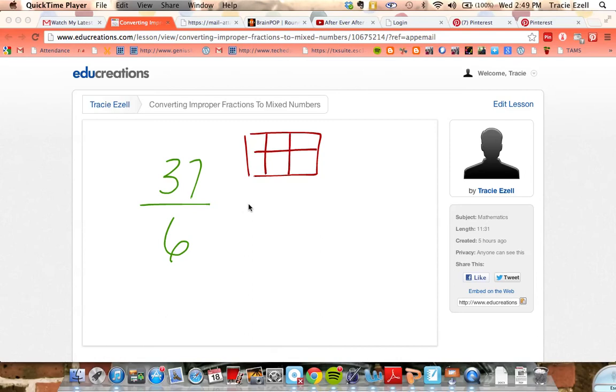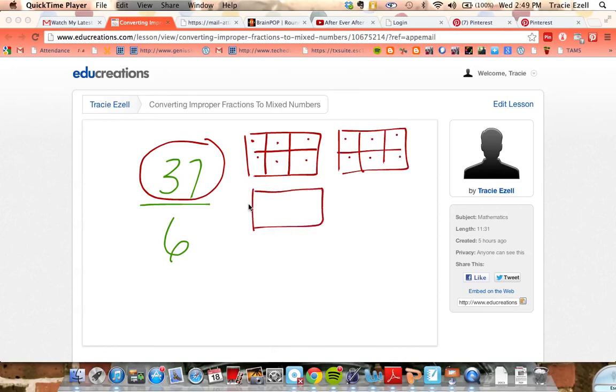And then of those 6 pieces, I'm going to use 37 pieces. So I've used 6 here, right? If I kept going, I would have to draw more shapes. Got to draw my line on that one. You see what I'm doing?